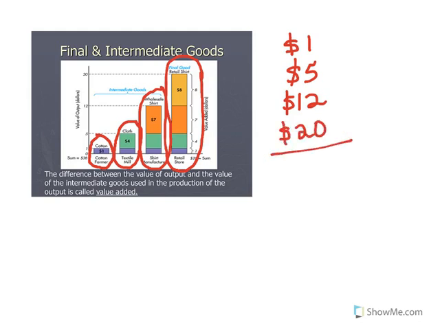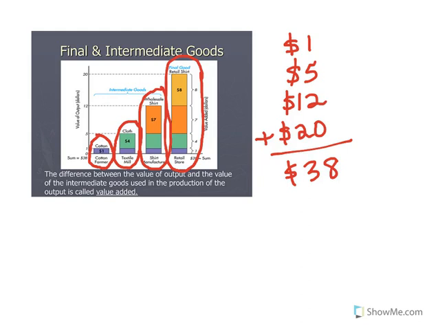So if we add all of this up, $1 plus $5 plus $12 plus $20, meaning the value of each transaction that was taking place in the production of this shirt, we would come up with $38. But did we actually produce a good that was worth $38? Absolutely not.